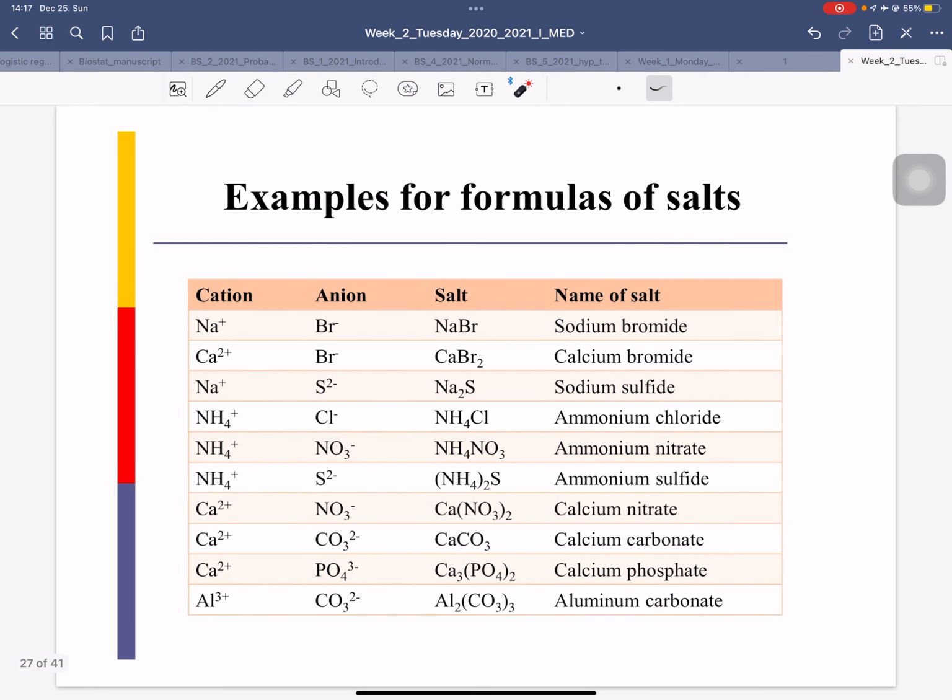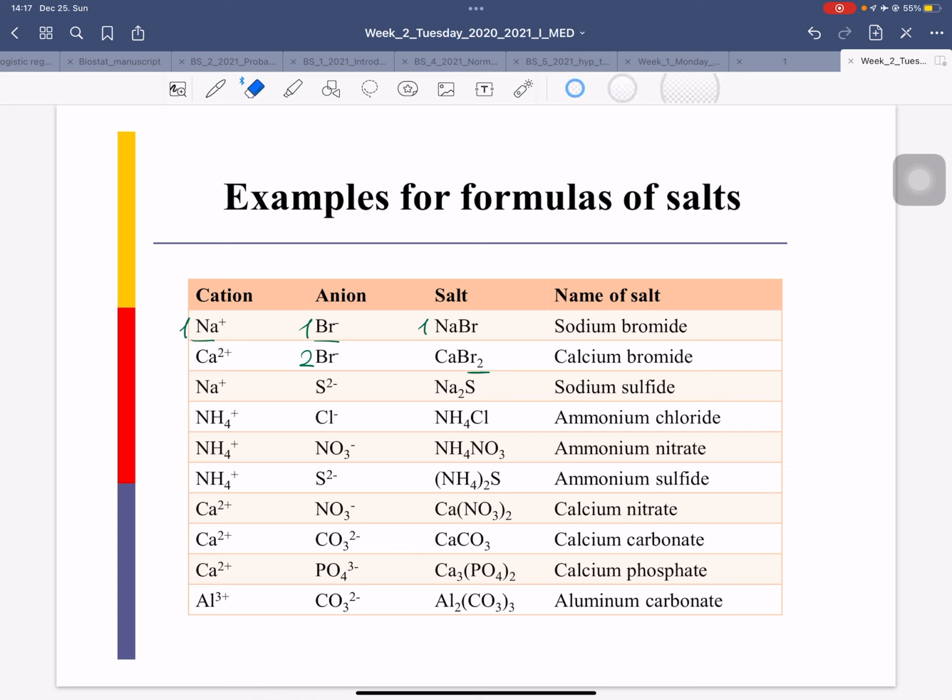For example, we have a positive charge here and a negative charge here, both of them 1, so we produce one sodium bromide. But for calcium, we have 2 here and we give it to the bromine. Bromine is 1, we give 1 here. And because I have two bromides, we put 2 behind the bromine.